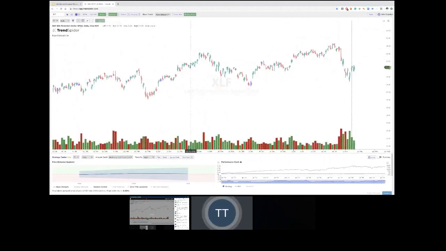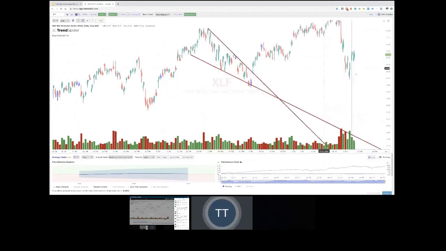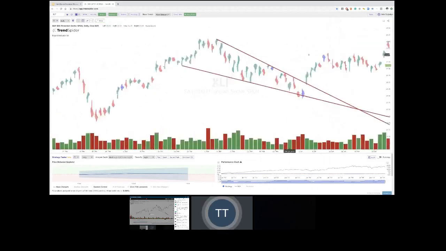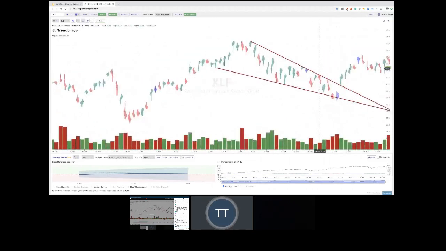We have this falling wedge area. I drew that a little off, but here's your falling wedge resistance. Whenever you've got a blue raindrop here on resistance, you get the point. We connected this point to this point, extended it, and we get a blue raindrop.